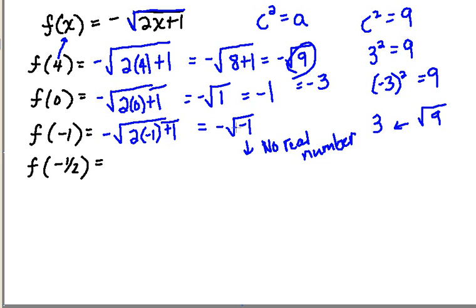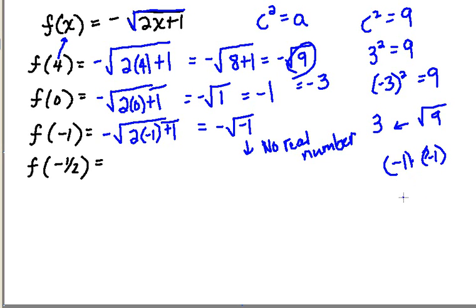Okay, so when you end up with a negative 1 or a negative of any kind underneath your radical, if you're taking a square root, if you're taking a cube root, it's different. Okay, why? Because I got to ask myself, what negative 1 times what? What can I square and end up with a negative 1? Well, I never can.